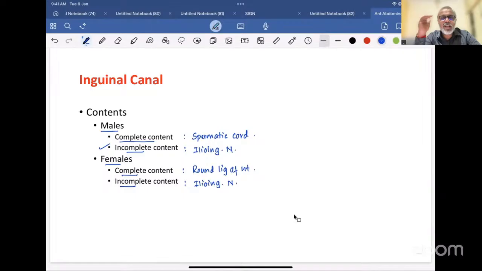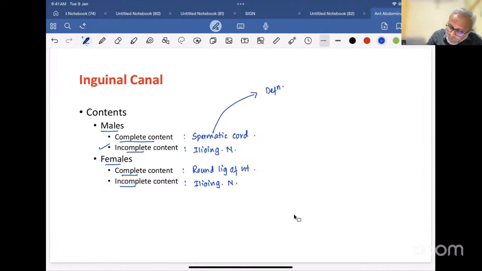Males, females, complete, incomplete. Now the question is whether we should explain the spermatic cord in detail or not. My suggestion: if the question is a long essay, then talk about the spermatic cord in detail, right? How do you describe it?